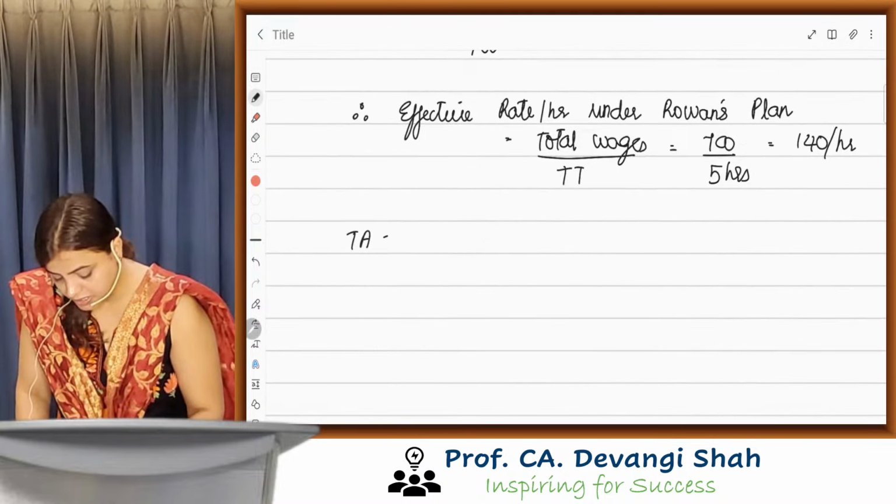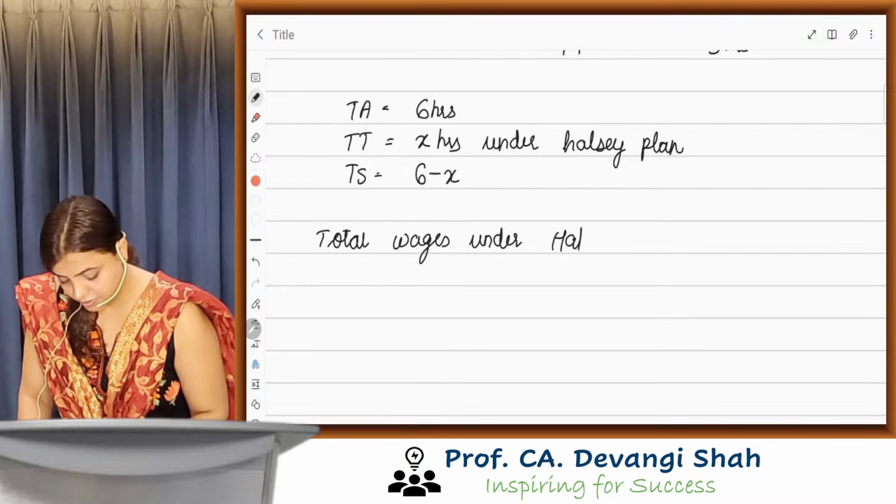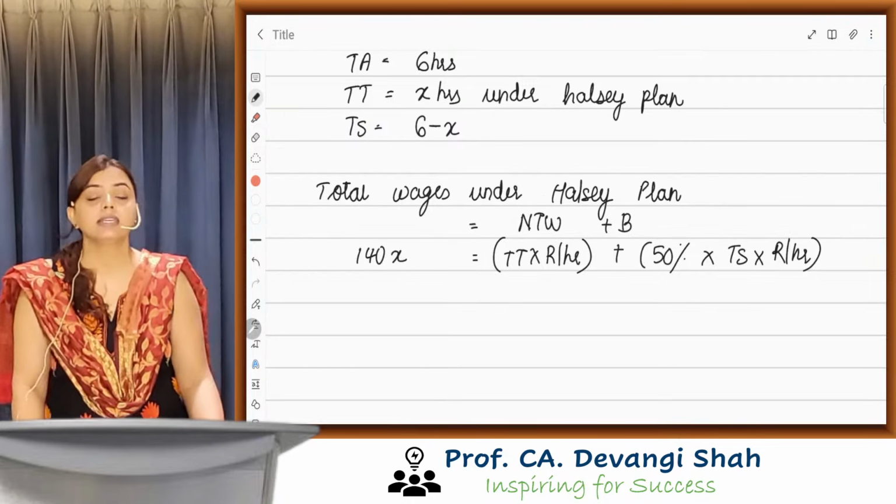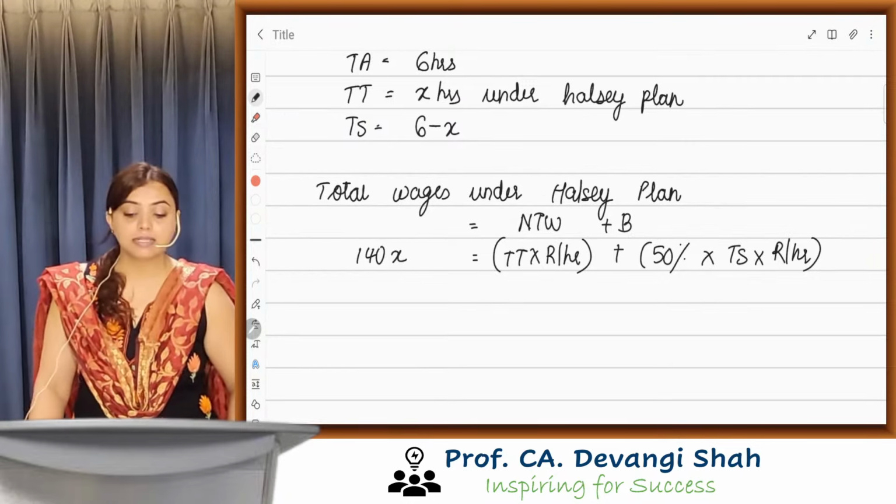Total wages under Halsey plan is normal time wages plus bonus. Normal time wages will be time taken into rate per hour, and bonus is 50% of time saved into rate per hour. Now the total wages, rate per hour, we know it has to be effectively 140, and for the x hours that he has worked, so it is 140x.